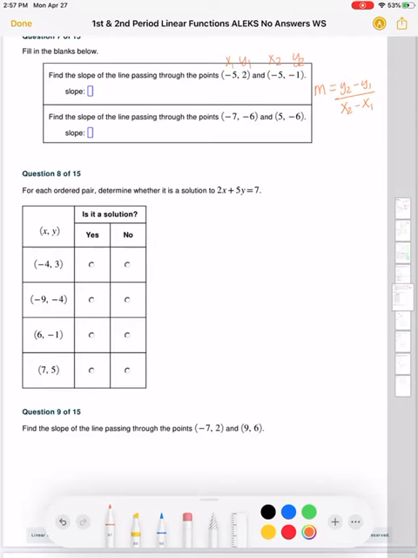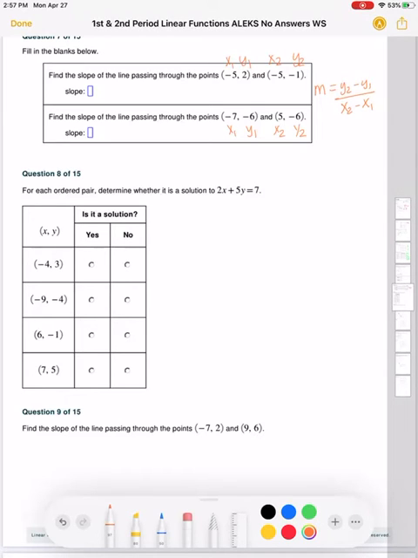Do not mix up your x and y. Do not do x minus y. That will not get you there. So no judgment. No one is going to see this except for me or Mrs. Brodigam. Label those points so that you put the right ones in the right spot into this equation. That's how you do that one.